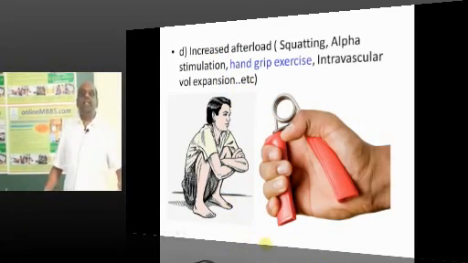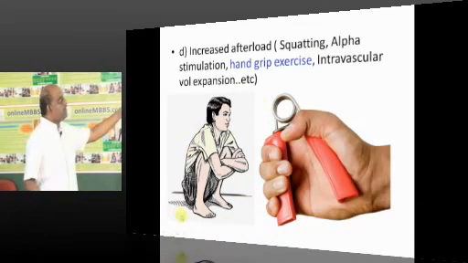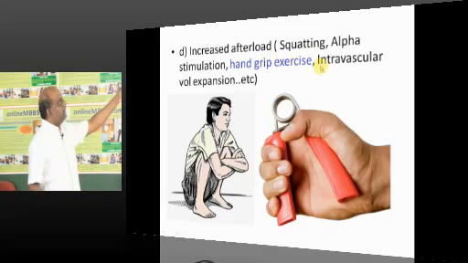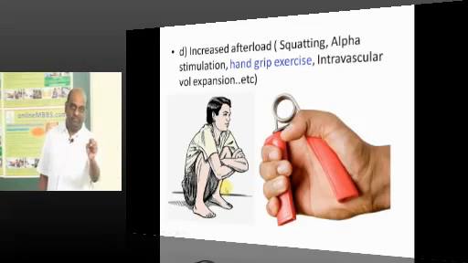Now what increases the afterload? If you are squatting, what happened to preload? Preload increased. Even afterload also will increase. If there is any alpha stimulation, alpha 1 receptor stimulation will lead to vasoconstriction.